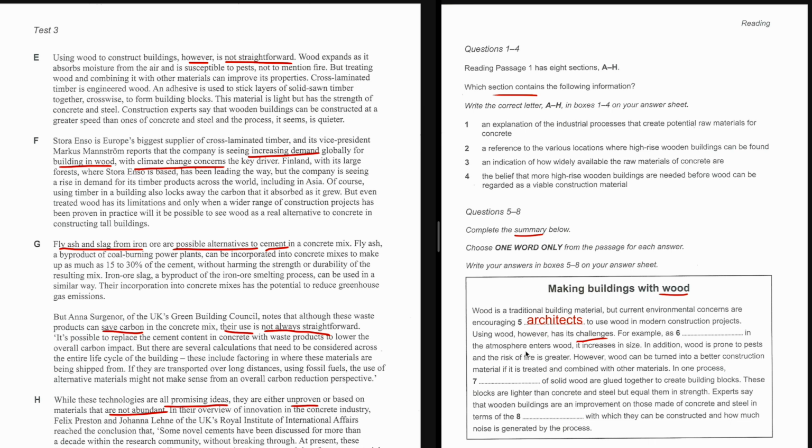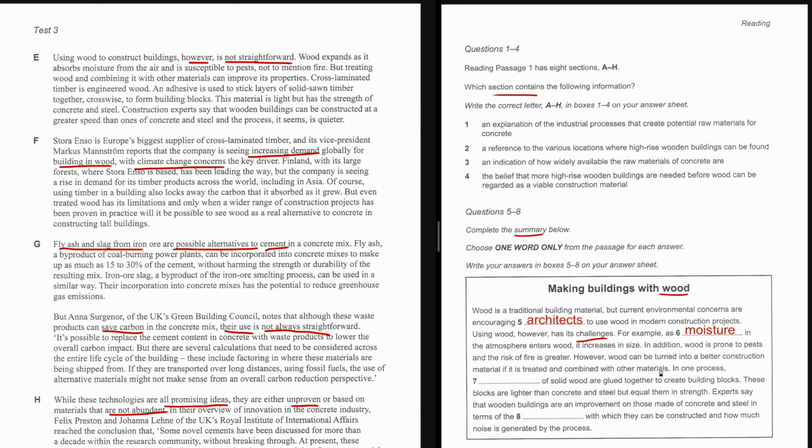So that's an example of the challenge: as moisture in the atmosphere enters wood. So that's the answer. Moisture, how do you spell that? Make sure to double check with the text. Yes, it is spelled correctly.